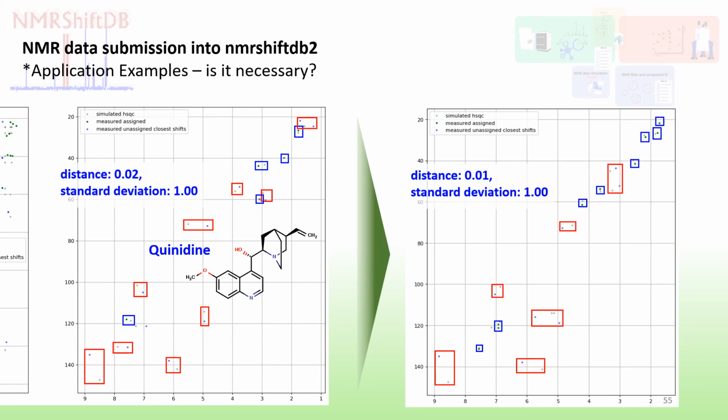Of course, shifts derived from matrix effect might lead to imperfections in the peak matching, but the overall profile recognition is improved. Okay, so we have this example here, and we have some better peak predictions.